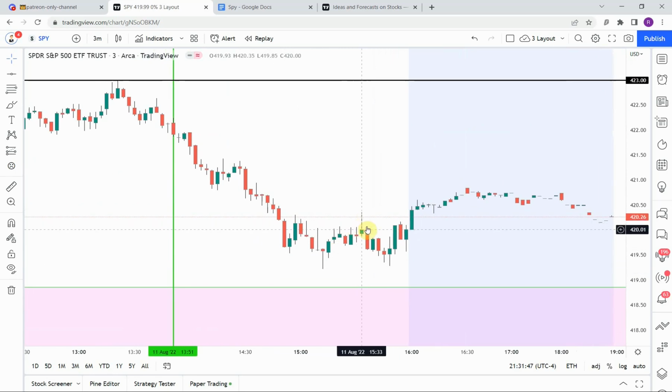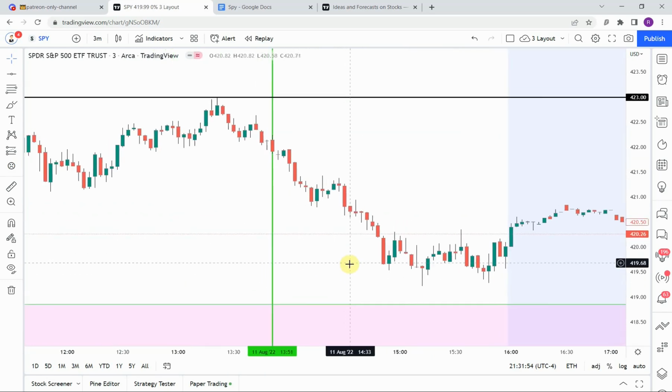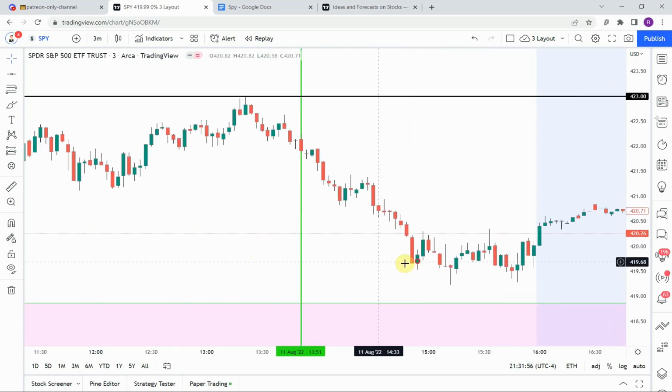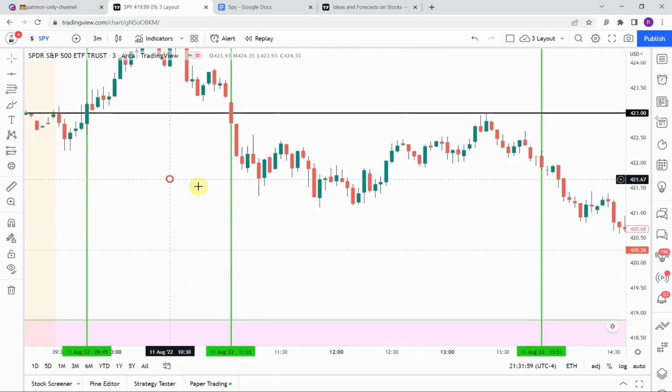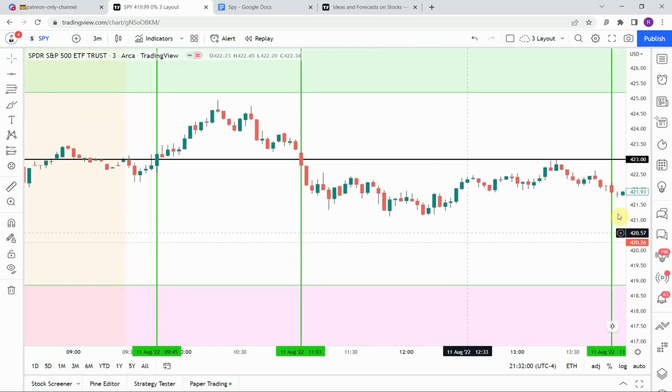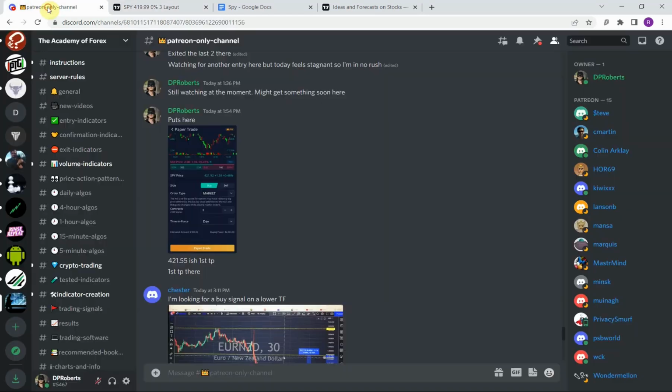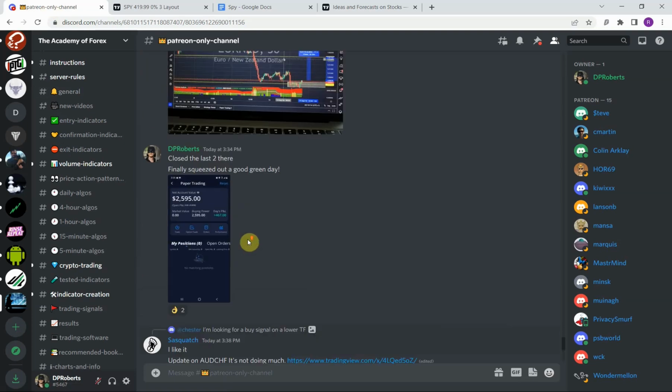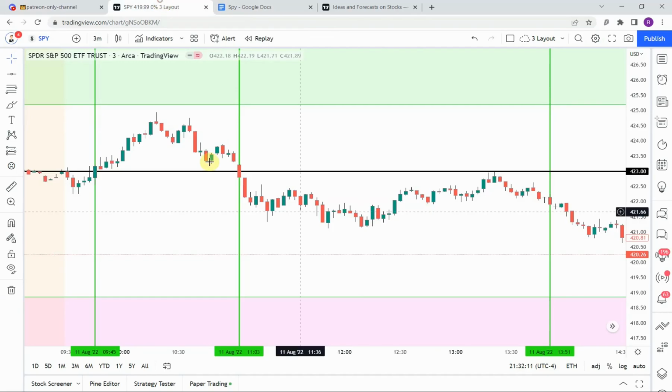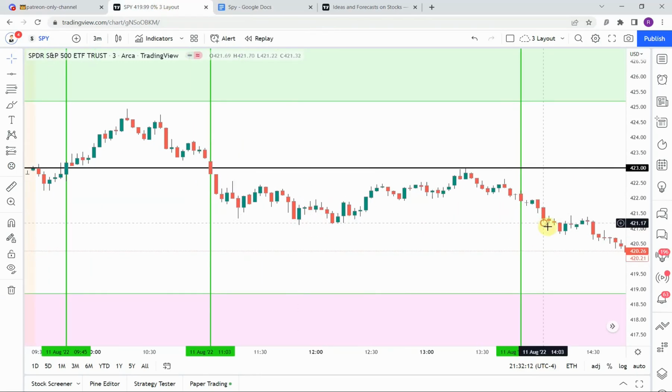And I think right here on this candle is one that I finally dumped it on. As it started to push up right here, I said, yeah, I'm going to go ahead and cut the rest of this position, and I'm going to leave the day with a nice, happy, green, decent day in the books. And so you can see here that right at 3:34, I called that I closed the last two contracts that I had.